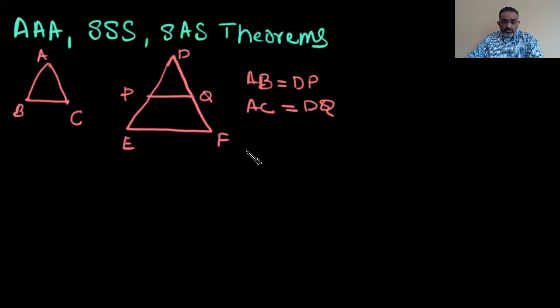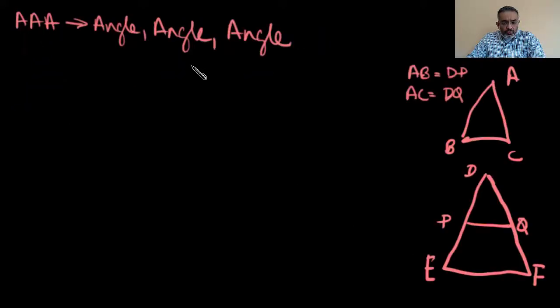Our first theorem that we are going to look at is the angle, angle, angle theorem, or AAA theorem. What are the things that we are given in this theorem to prove the similarity between these two triangles?